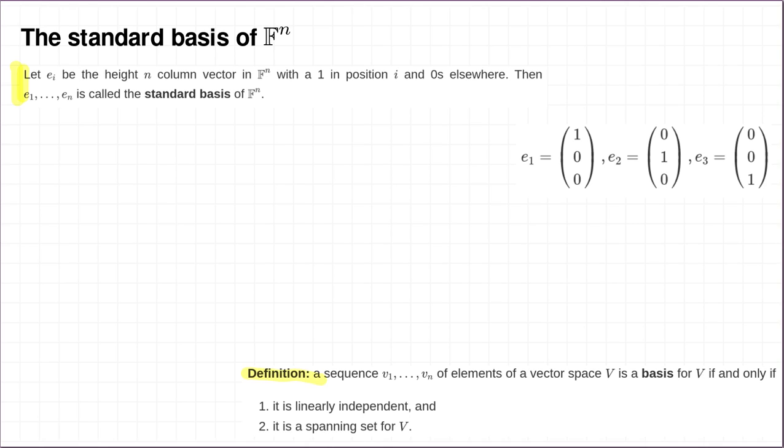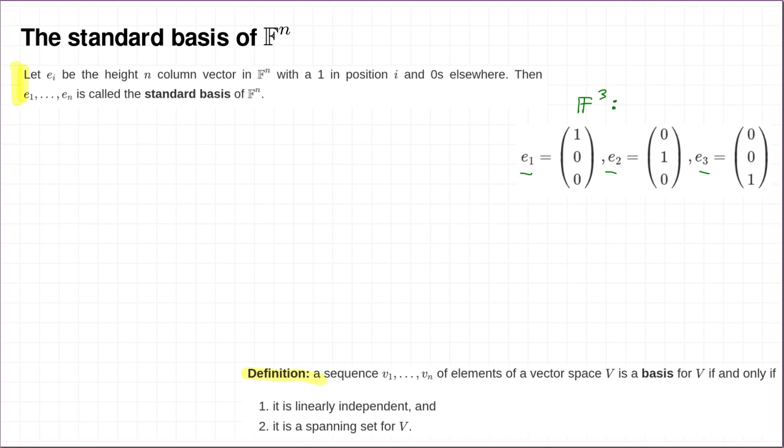If you take any field F, then you can define Ei to be the height n column vector in F to the n, which has a 1 in position i and zeros everywhere else. So for example, if you were working with height 3 column vectors, so in F cubed, then there would be 3 of these vectors, E1 and E2 and E3, and this is what they would look like.